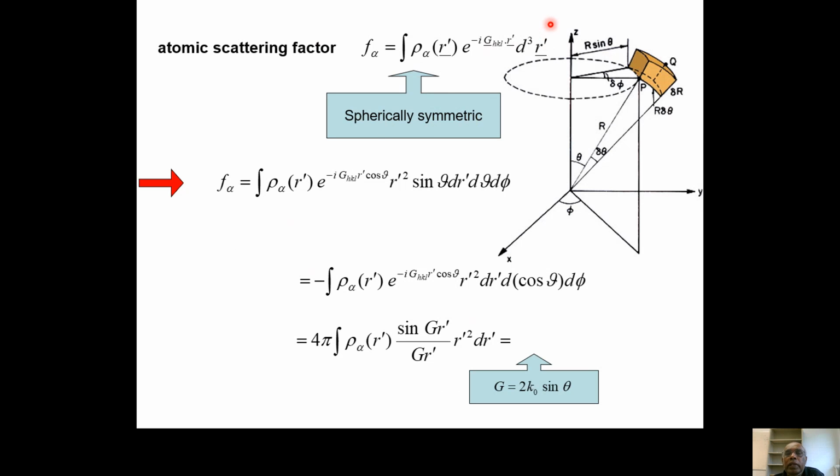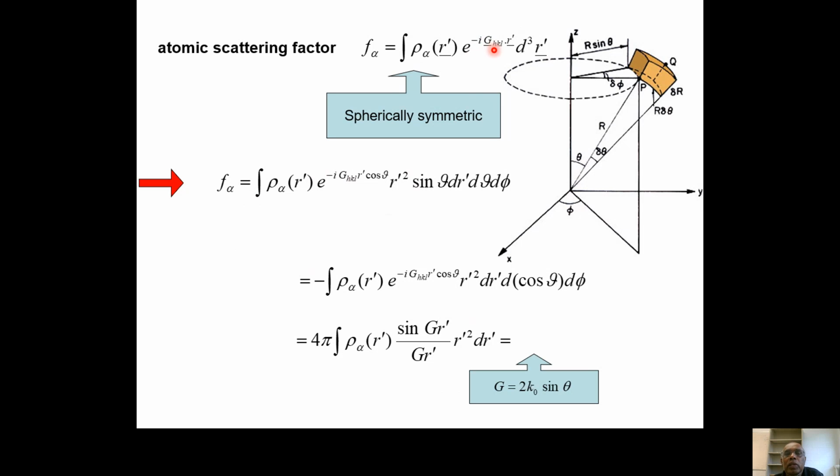So you can write your d³r in spherical coordinates as this one, r'² sinθ dr' dθ dφ. φ is your azimuthal angle that's going from 0 to 2π. Then θ is going from 0 to 180. Then r we have to integrate to R.